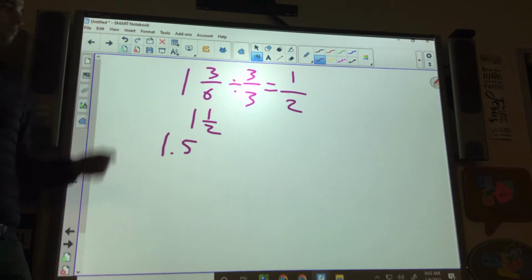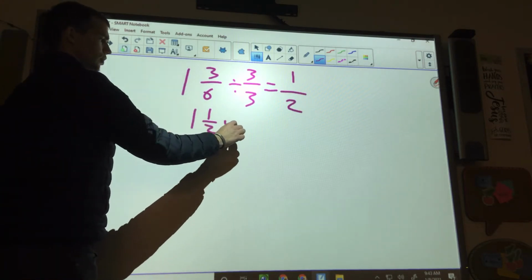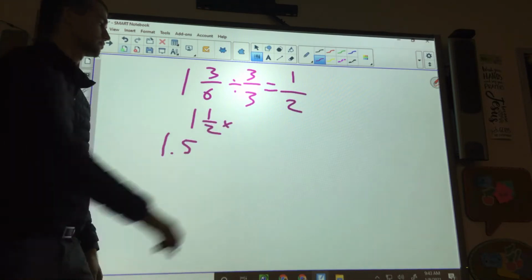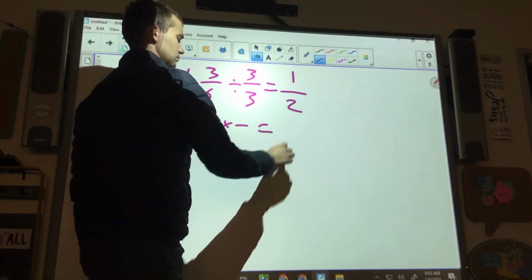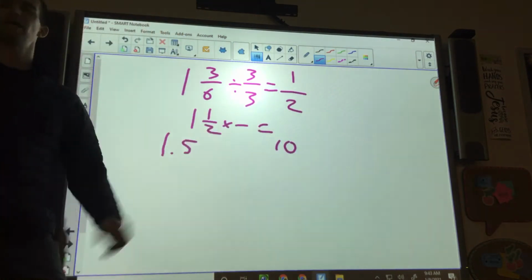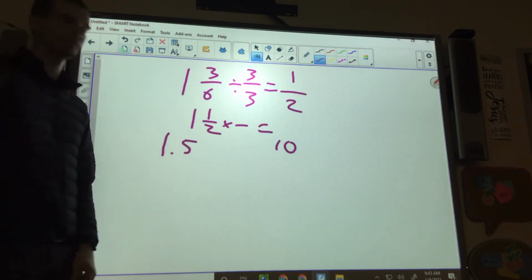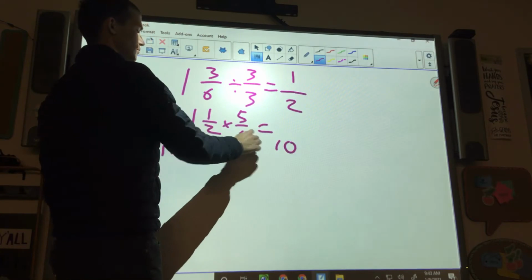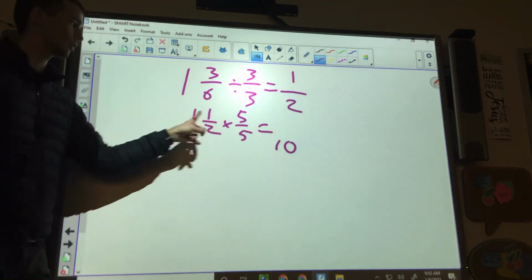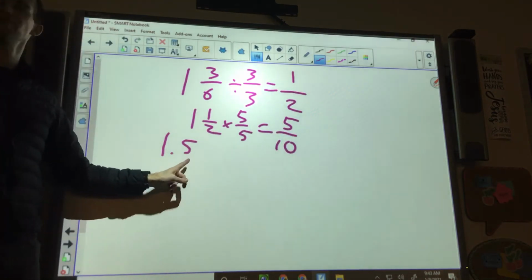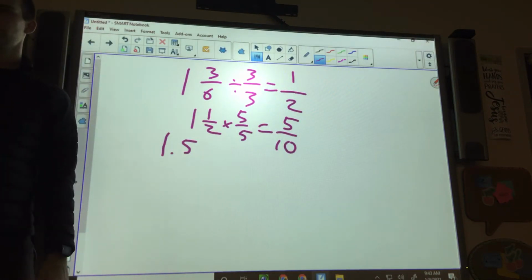What do we have to multiply by to get 10 on the bottom? 2 times 2 is not 10. Nope, don't multiply by 2 over 2. 5 over 5. 2 times 5 is 10. 1 times 5 is 5 over 10. 5/10. Done.